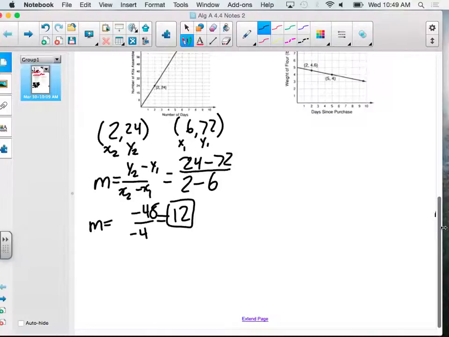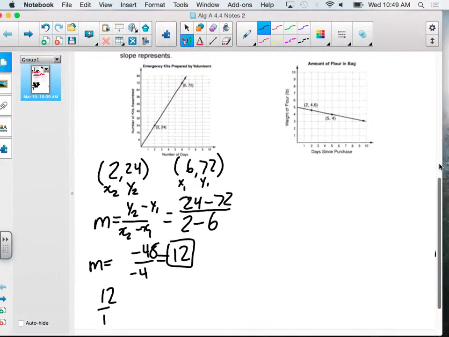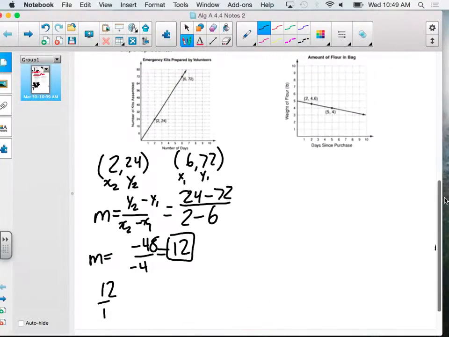So 12 can be changed to what? 12 over 1. Yep. So for slope, rise over run. Our rise is the change in y value. So what is our label for the y-axis?